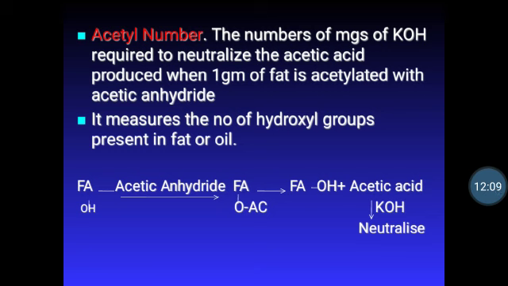Acetyl value measures free hydroxyl groups in a substance, that is in fat or oil, as determined by acetylation, being the number of milligrams of potassium hydroxide required for neutralization of acetic acid formed by hydrolysis of 1 gram of acetylated substance.